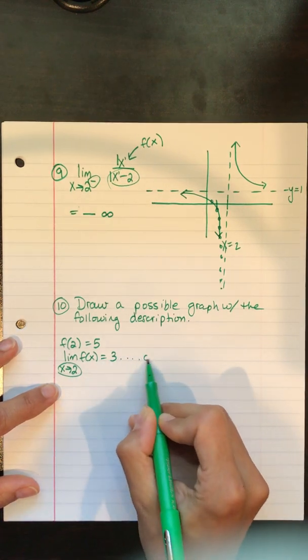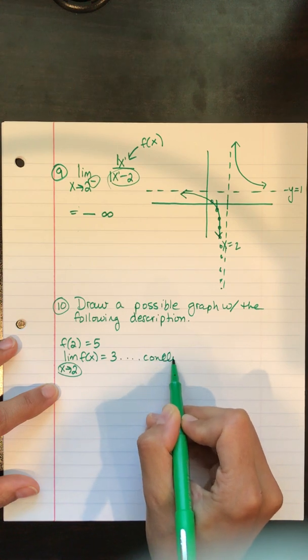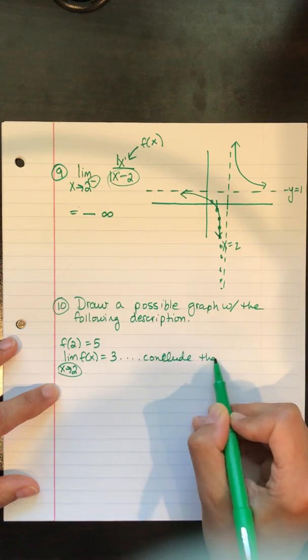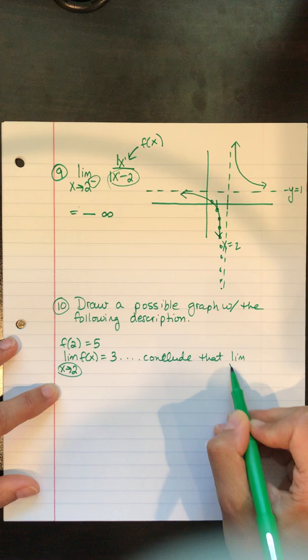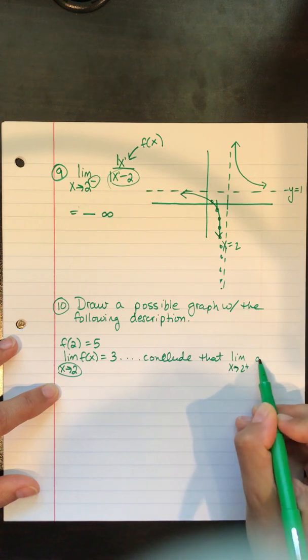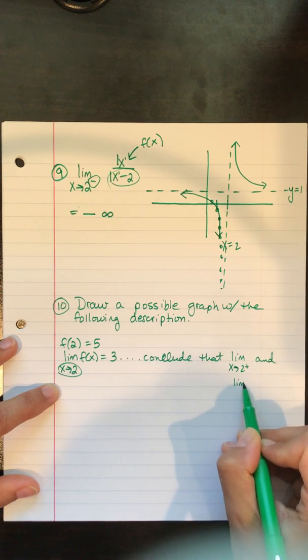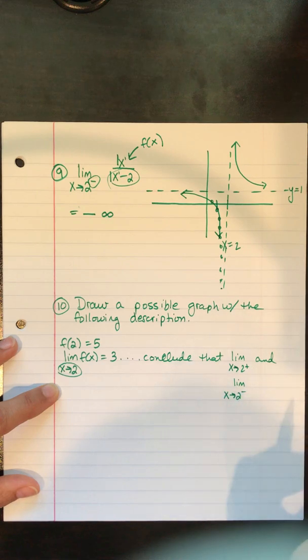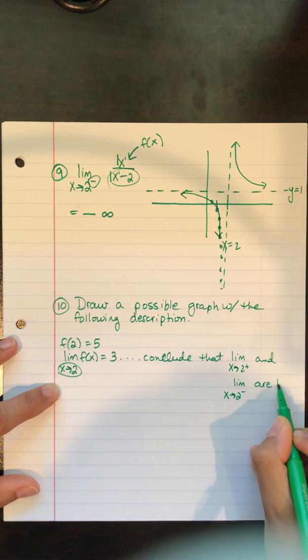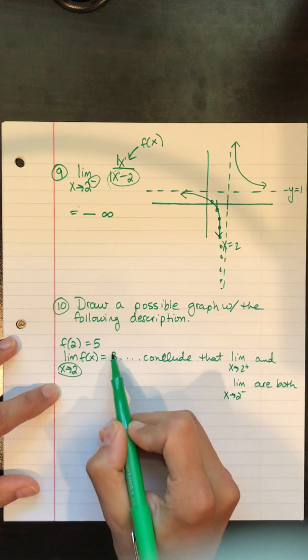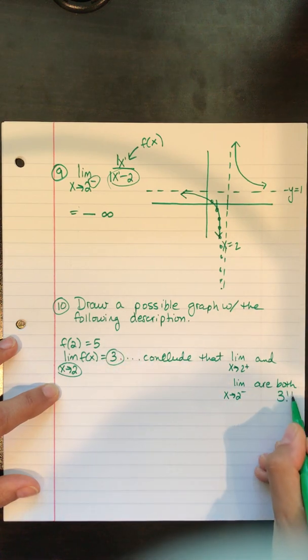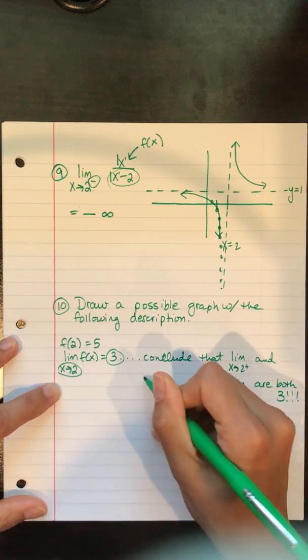Hopefully, the conclusion is, conclude that limit from the right and the limit from the left are both equal and they're both 3. Okay, so let's sketch.